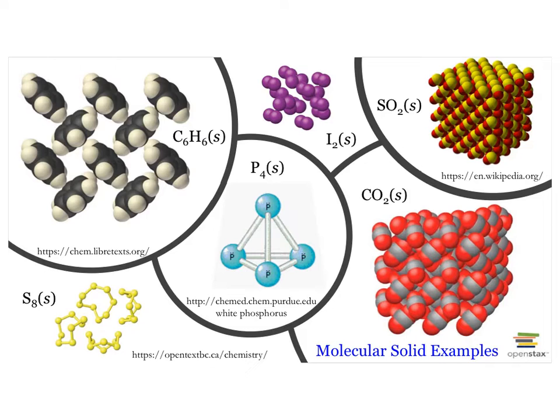Dry ice, or solid carbon dioxide, is a molecular solid, as is sulfur dioxide and benzene, C6H6. While these three examples are easily recognizable as molecules, we see, too, that there are some elemental examples we need to consider.